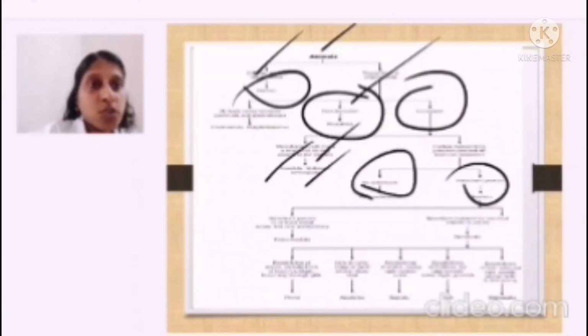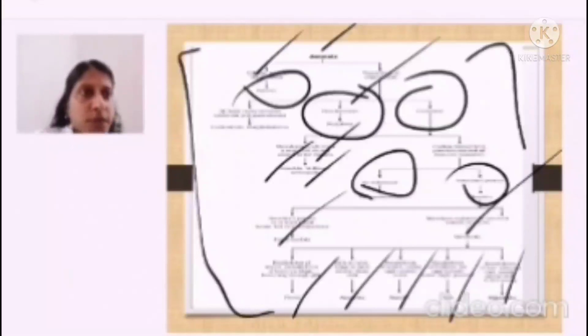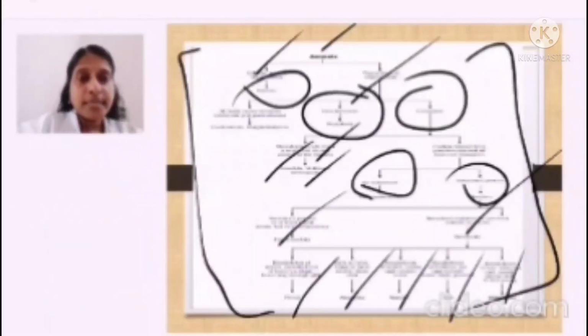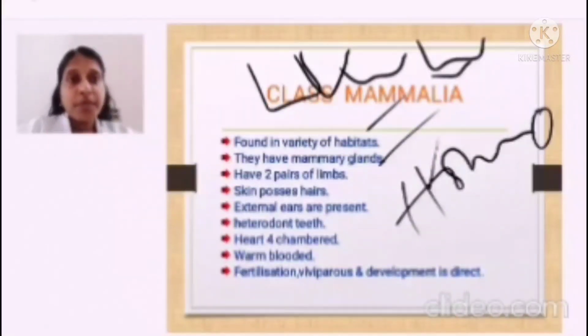Under Chordata you had Protochordata, and thereafter the Vertebrata, the main one. Under Vertebrata you had Pisces, Amphibia, Reptilia, Aves and Mammalia, right? This chart is not necessary to write in your notebook as it is there in your text.